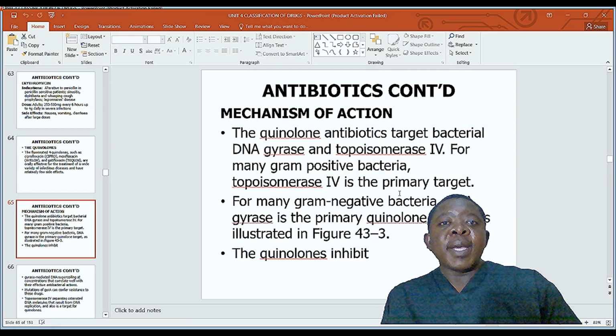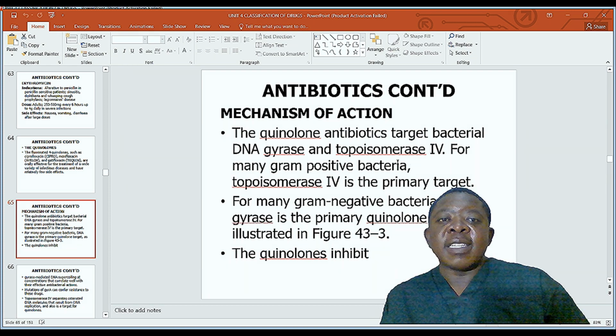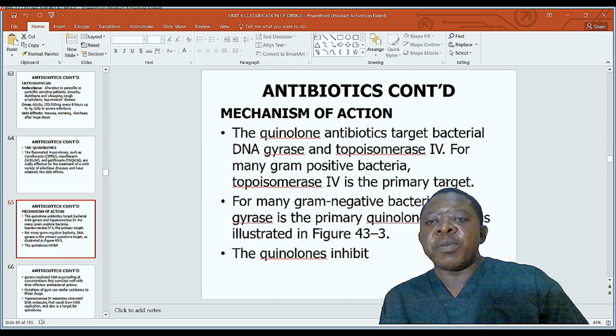As for the mechanism of action, quinolones target bacterial DNA gyrase and topoisomerase. For many gram-positive bacteria, topoisomerase is the primary target.